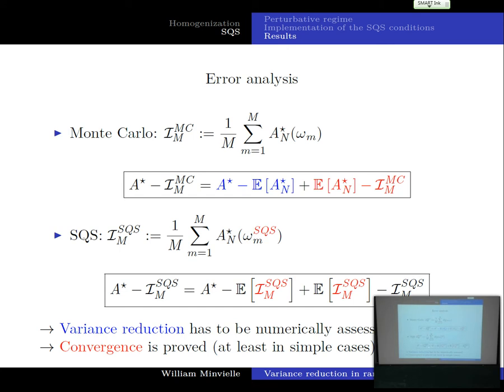I've got also an error decomposition, but now I have committed a crime, which is that this guy does not match this guy. The expectation of the conditioned set need not be equal, and is different in general, to this expectation. So I have to pay close attention to two things.